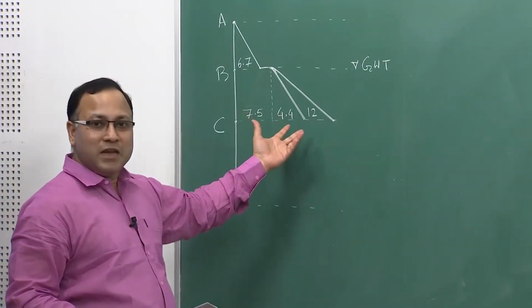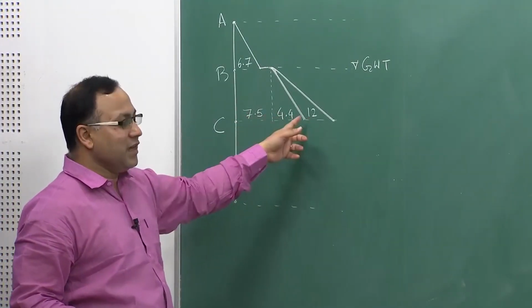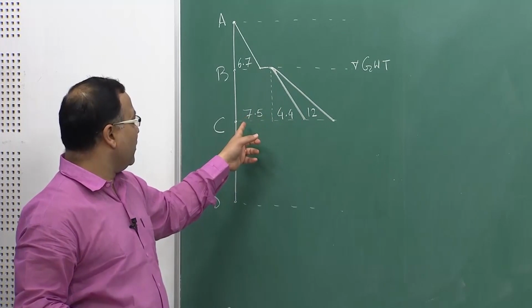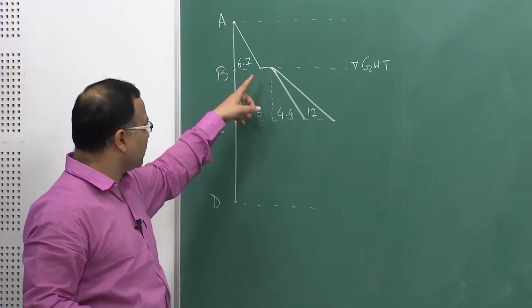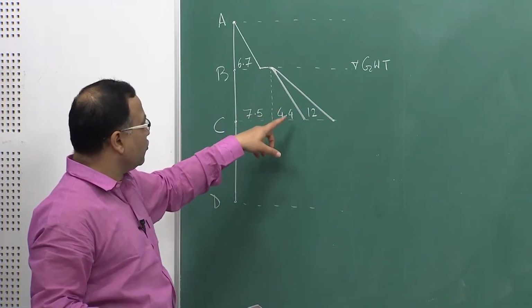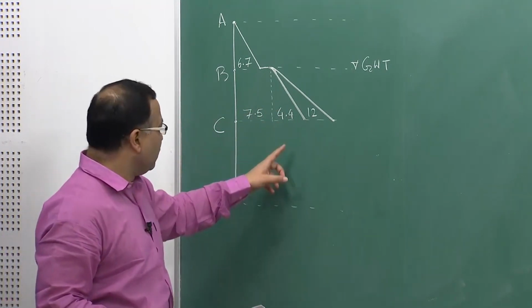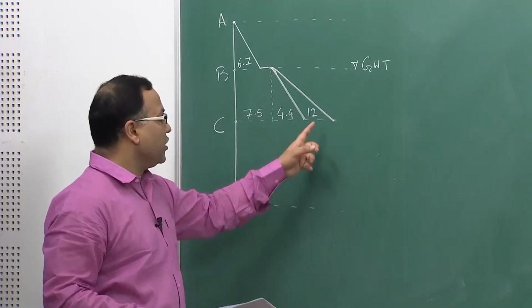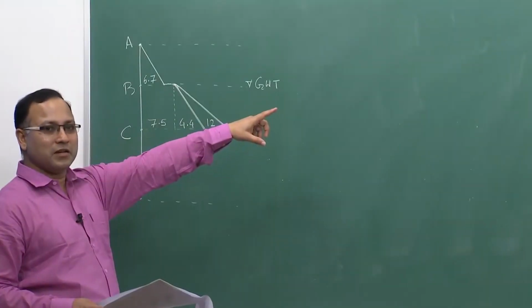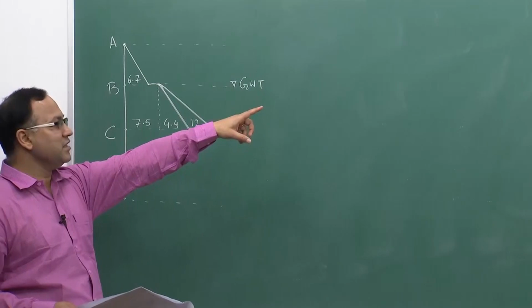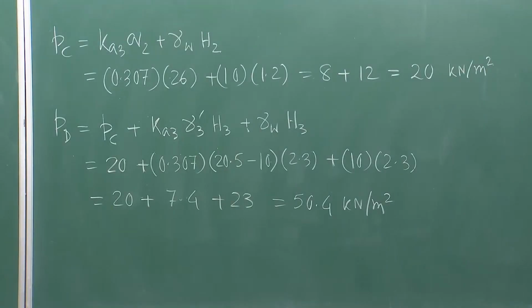Coming back from stratum 2 to stratum 3, at the interface you are getting 23.9, but when you are considering stratum 3 itself, the active earth pressure at point C is 20. So, you are getting some reduction.